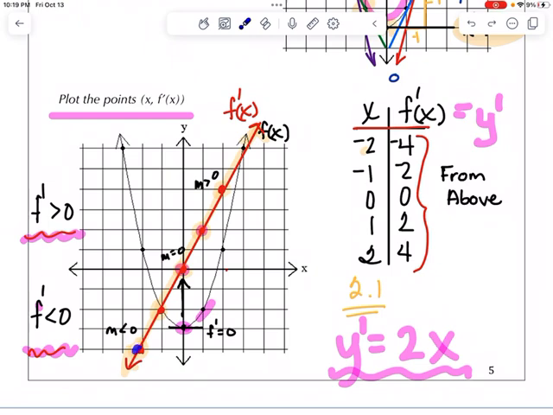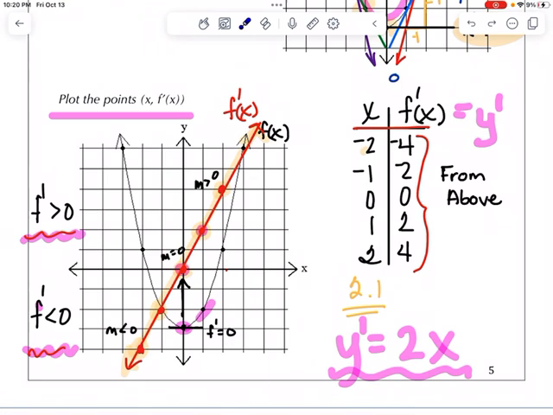I plotted those points and connected them with a curve. In that case, it is a line, and it turns out that the line's equation is y is equal to 2x. So it's a linear equation with a y-intercept of 0.